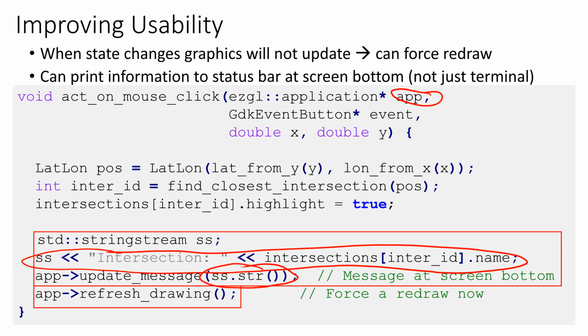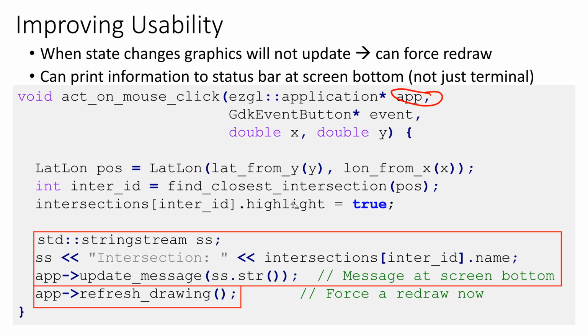I can take the actual string in and out with the str method. And I'm passing that to another function that ece2 has called update message. Okay? There's a little message area at the screen bottom in the default UI layout we give you. So this call, you can just display one message there if you want. So I'm going to basically show the name of the intersection there, and I'm going to force the intersection to be redrawn, or the screen to be redrawn right away.